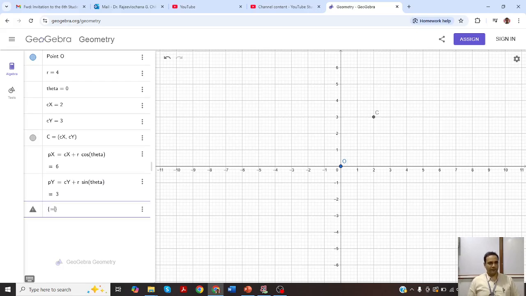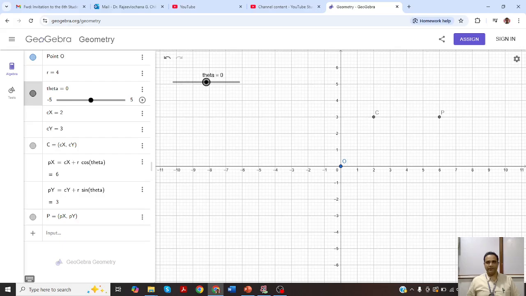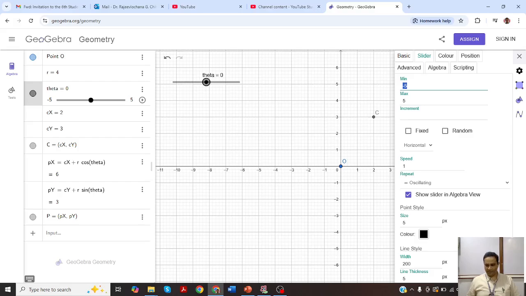Capital P is equal to (px, py). Okay. Now theta, let us put a slider, create slider, and in settings I can change. Please note that theta is in radians. So we want to go from 0 to 2 pi.